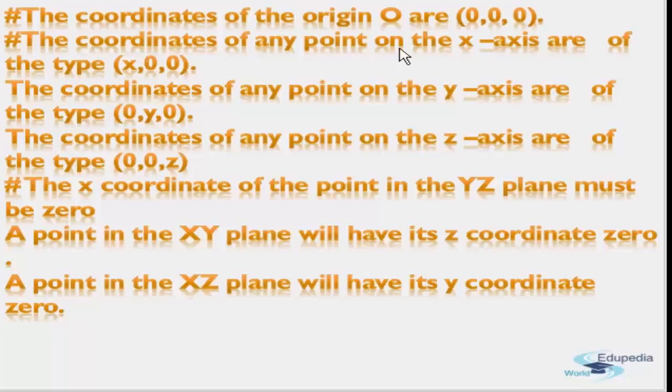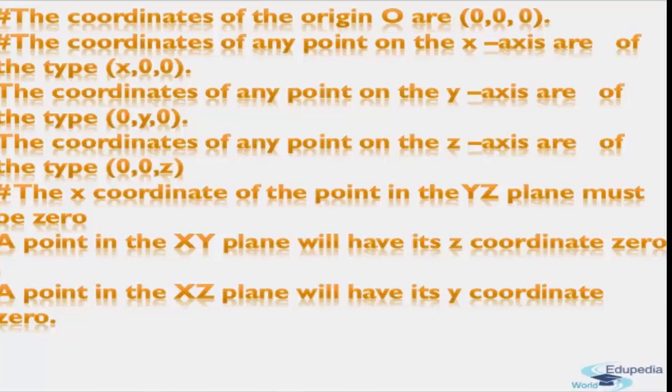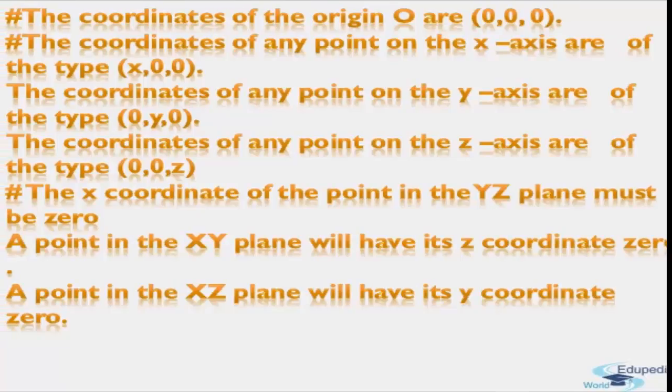Moving on, the coordinates of any point on the x-axis are of the type x, 0, 0. Now this is something that's, I think, really easy to understand, because in the 2-dimensional geometry, we talked about how anything on the y-axis is going to have a 0 x value.